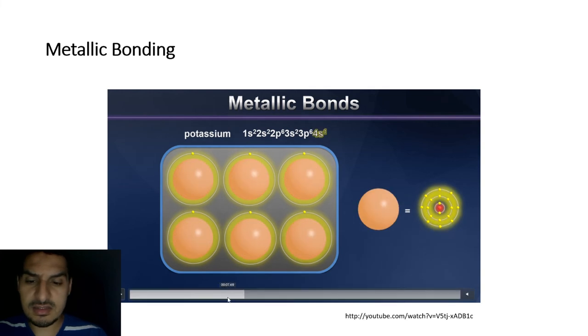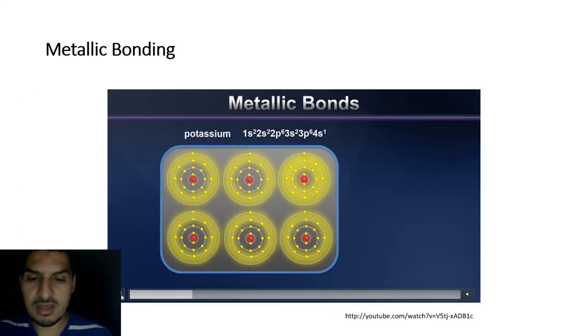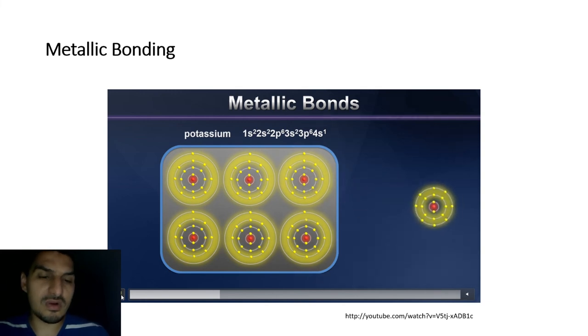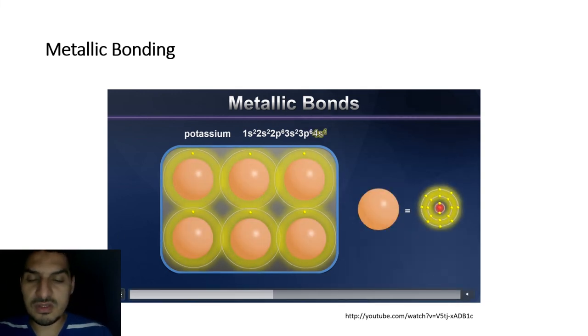Potassium has 4 energy levels, 3 saturated energy levels, and the last energy level contains only 1 electron. To prevent any confusion, he's gonna remove the nucleus and the 3 energy levels and put this circle instead, so that we know that we are only looking at the electron in the outermost energy level. So this is what we would see.